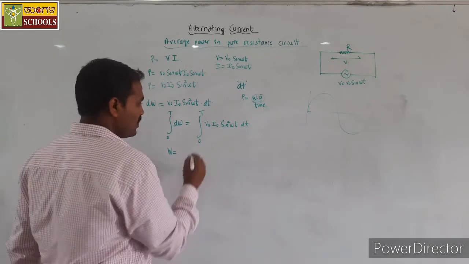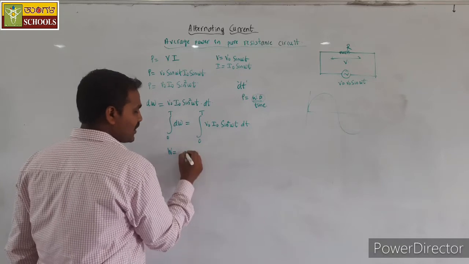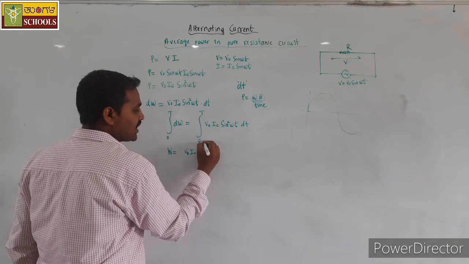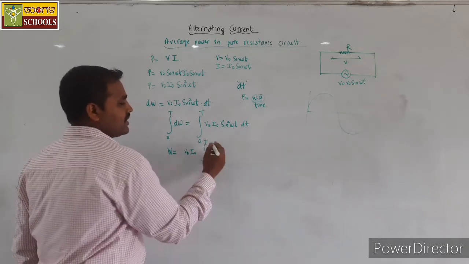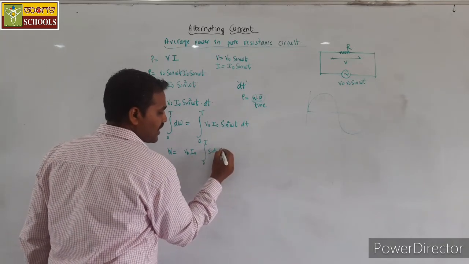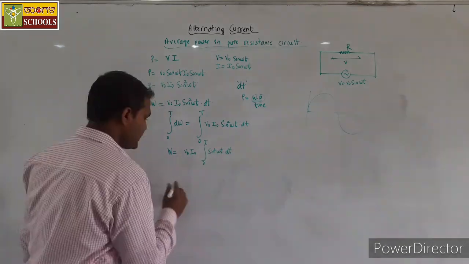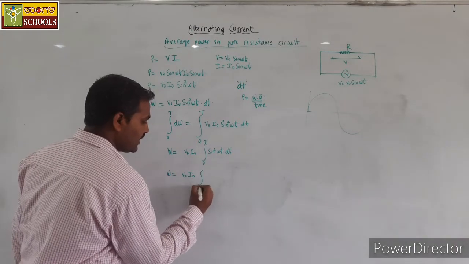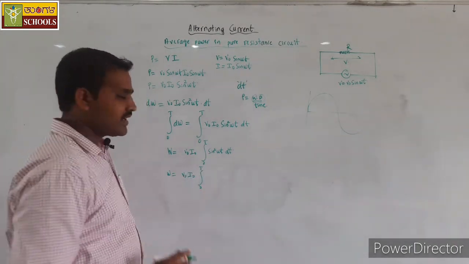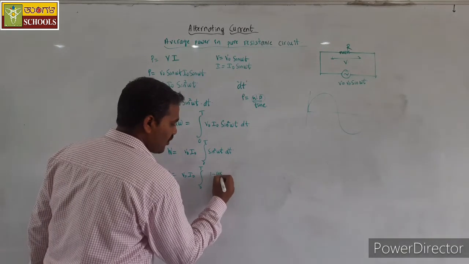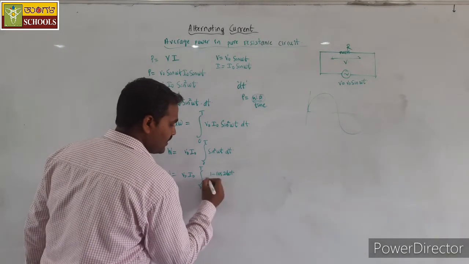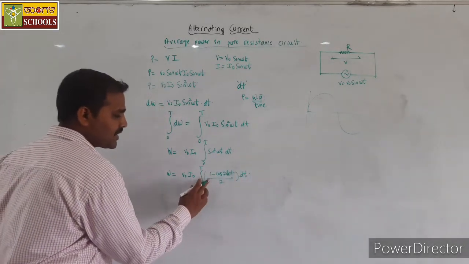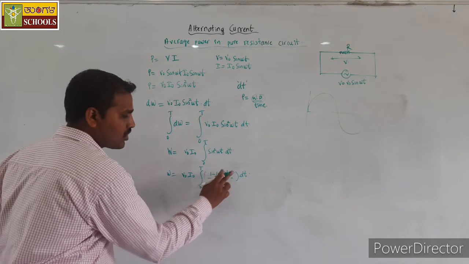V naught and I naught are constant values, so I can take them outside. W is equal to V naught into I naught, integration between the limits 0 to T of sin square omega t dt. Sin square omega t I can write as (1 minus cos 2 omega t) divided by 2, into dt. Let us separately integrate 1 by 2 and 1 by 2 cos 2 omega t.